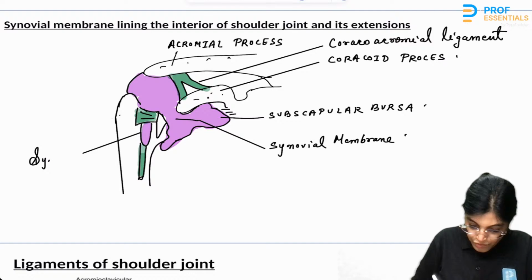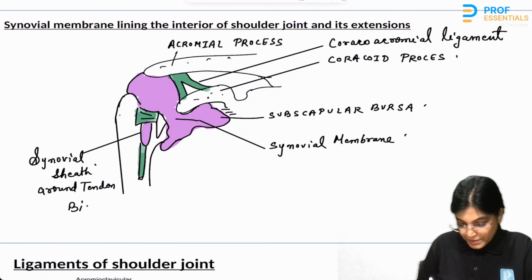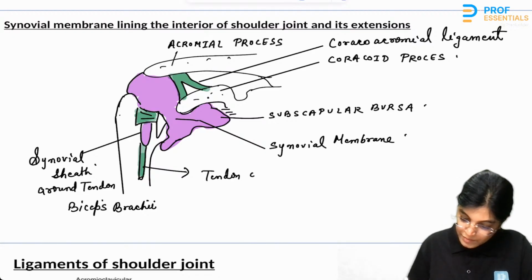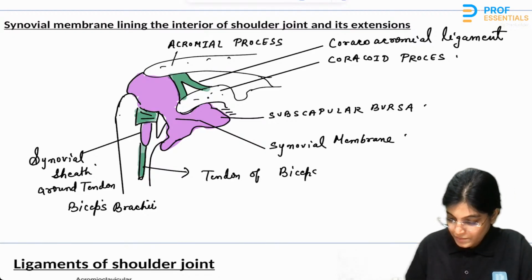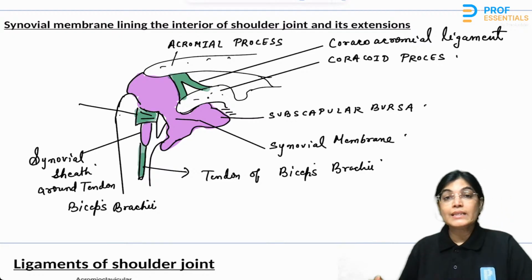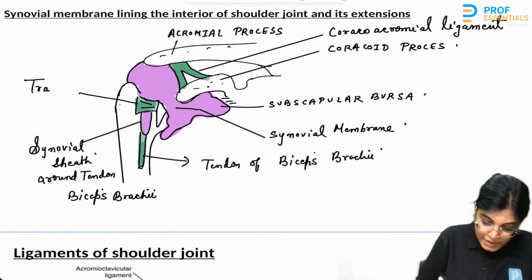This is the synovial sheath around the tendon of biceps brachii, and this is the tendon of biceps brachii. And this ligament which is connecting the greater and the lesser tubercle of humerus bone, what is it called? Transverse humeral ligament. This is the transverse humeral ligament.